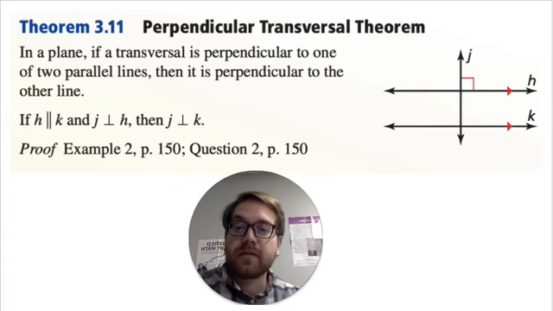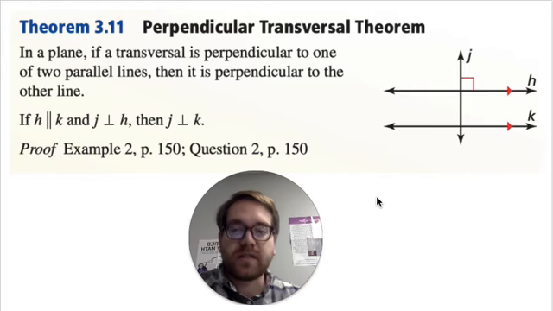The next theorem, the perpendicular transversal theorem, says that in a plane, if a transversal is perpendicular to one of two parallel lines, then it is perpendicular to the other line as well.